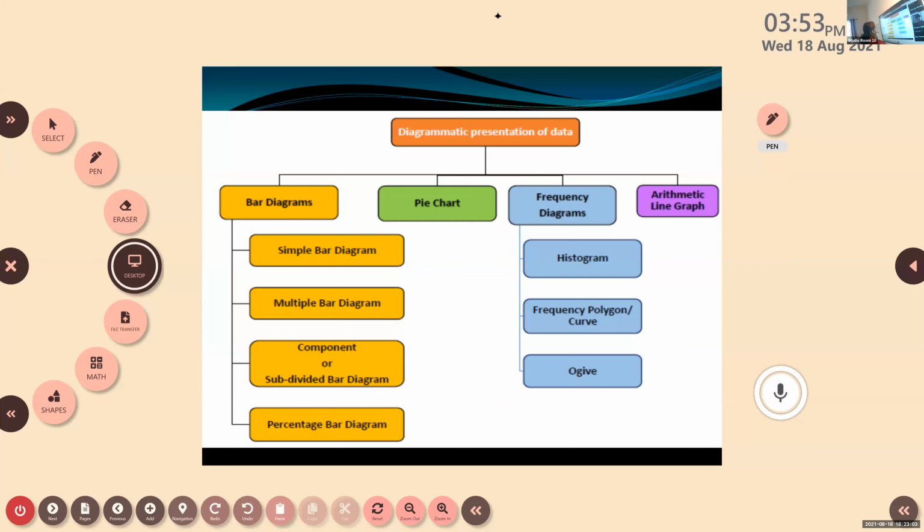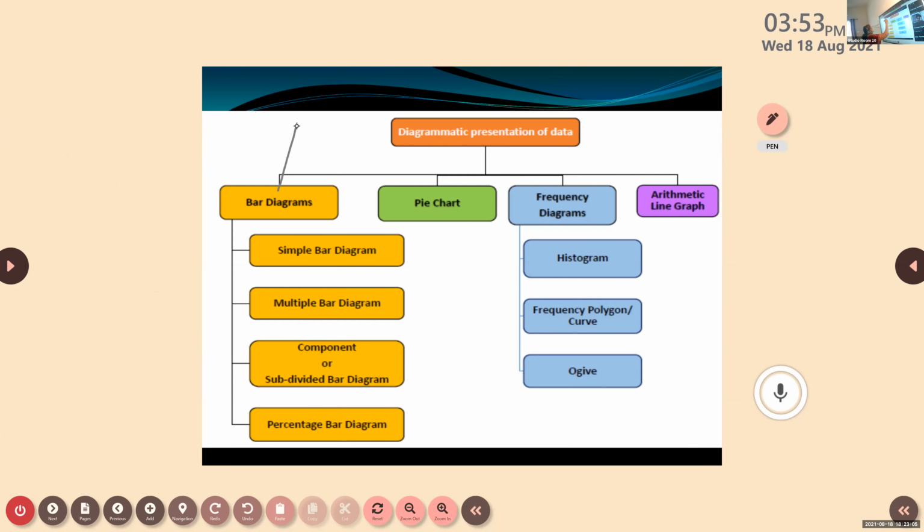Geometric representation of data, and these two come under one category. What is that? Geometric design. Now bar diagram: simple bar diagram, multiple bar diagram, component or subdivided bar diagram. Frequency diagrams, you have three: histogram, frequency polygon or curve, frequency curve or ogive, and arithmetic line graph.